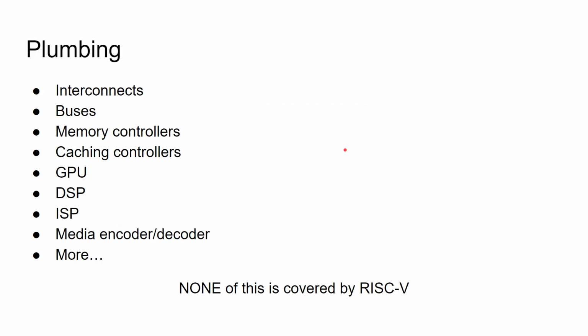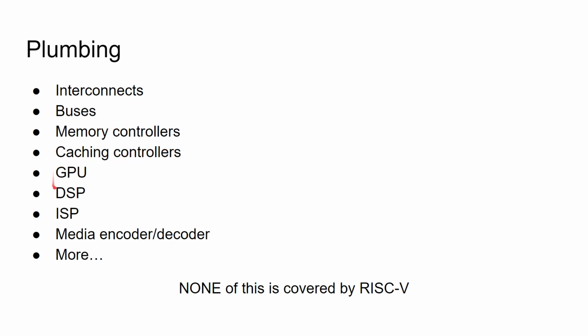And then once you've got the CPU design, there's a whole load of other stuff that has to go into a processor. Interconnects here is talking about how the processors might talk to other things on the chip, so you have to have these ways of interconnecting them. These often include caching, memory controllers and the buses, and these all need to work together so that you can get an efficient transfer of data across the chip.